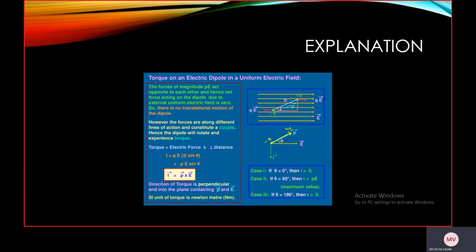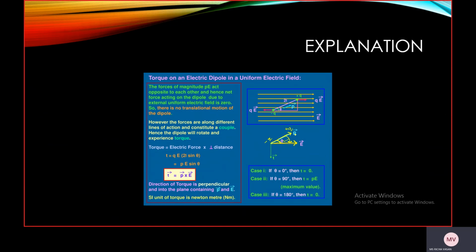So the direction of the dipole moment is always from negative to positive. So it is in this direction and E is in this direction. So now we want to find out the direction of torque. Now this theta is the angle between the dipole moment and electric field intensity. So from here you can say that we will find out the direction when P is moving along E.